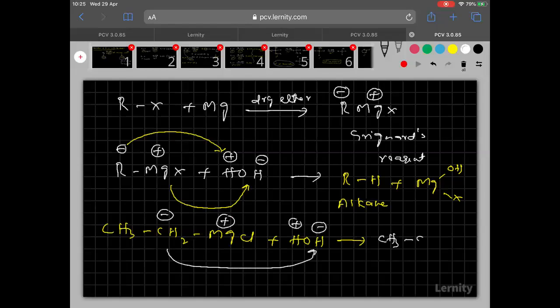Tell me. CH3CH3. What is the name of CH3CH3? Ethane. Plus, what is the byproduct formed here? Byproduct is MgOHCl, magnesium hydroxy chloride. I hope you are able to understand about the Grignard.